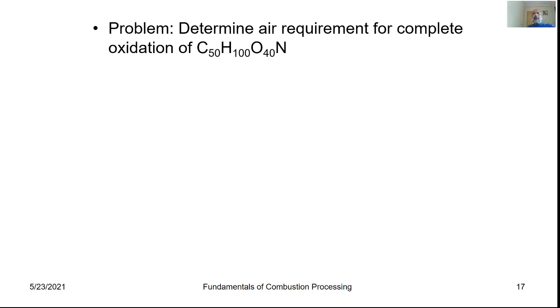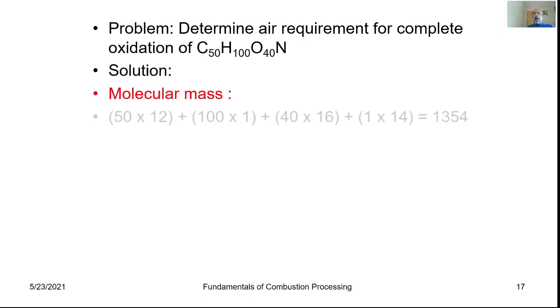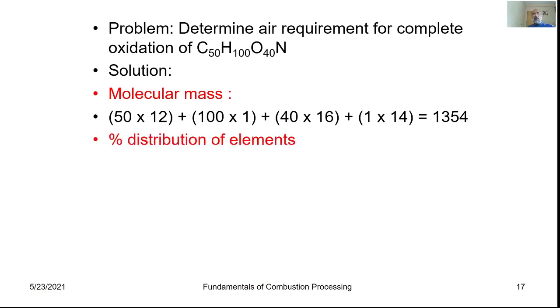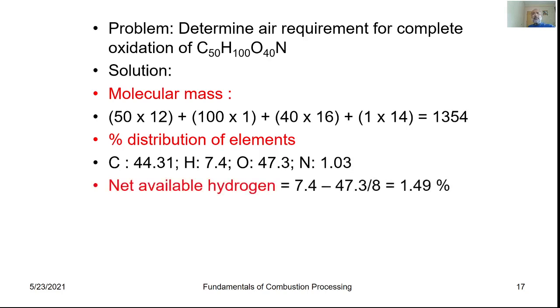Let's assume that this is some configuration of the waste, which is C50H100O40N. As we consider the molecular masses, it comes to 1354 for the configuration that we have assumed here. So the percentage-wise distribution of the elements can be worked out as C 44.31, H 7.4, O 47.3 and N 1.03%.